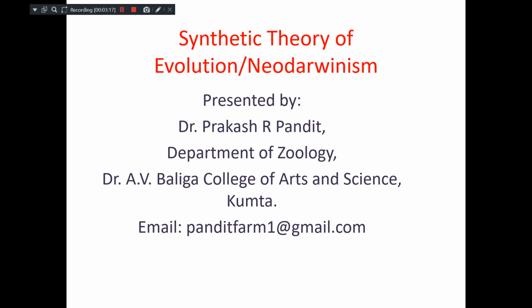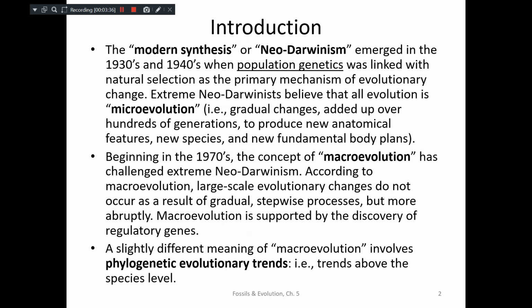So that's why now we will try to understand this synthetic theory of evolution or neo-Darwinism one by one, because here there are a lot of inputs, as I have told you, that have come from different branches of biology and other allied sciences also.